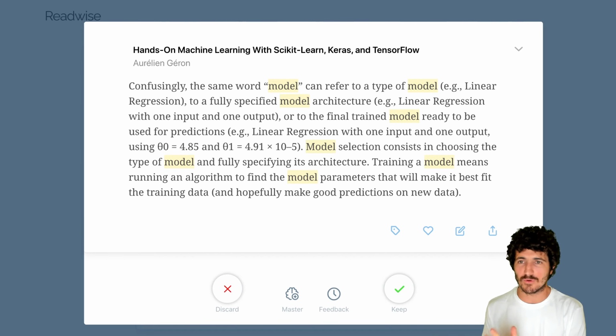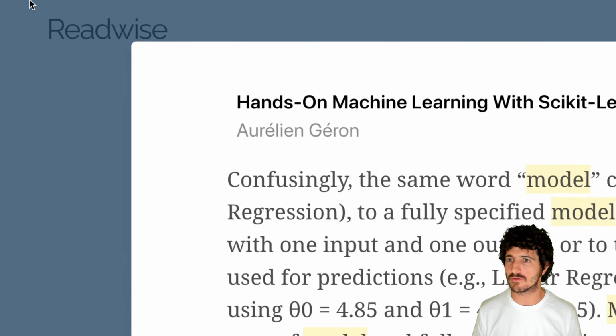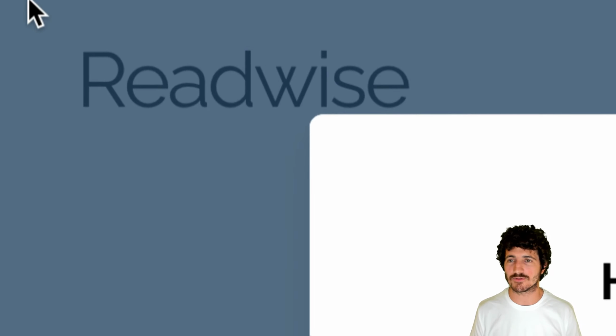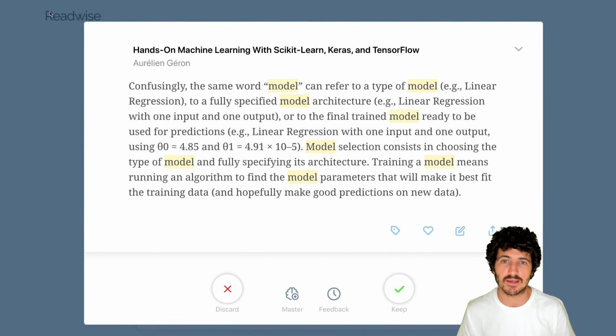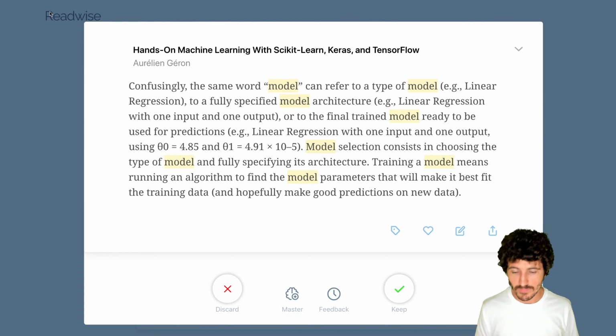This is a quote I highlighted and have here on my computer with an online application that I'm proudly a subscriber of, called Readwise. It's really good if you're reading books on Kindle or other digital platforms to gather your highlights. I'm just going to read it. Confusingly, the same word model can refer to a type of model, for example a linear regression model, or to a fully specified model architecture, like linear regression with one input and one output. Similarly, it could be a model architecture such as Pix2Pix or StyleGAN or ResNet.